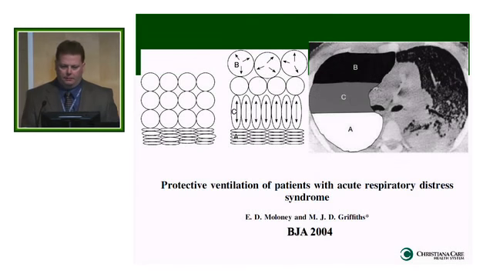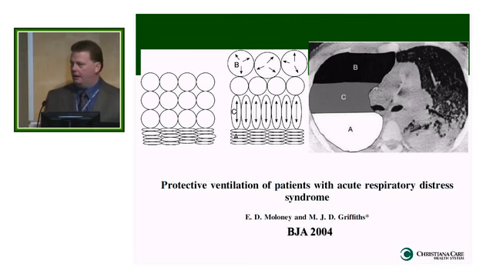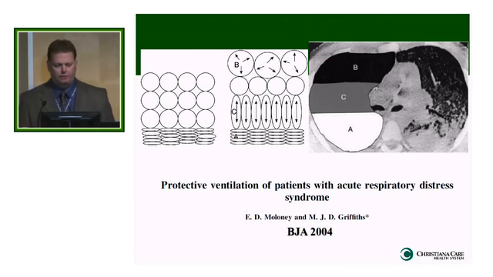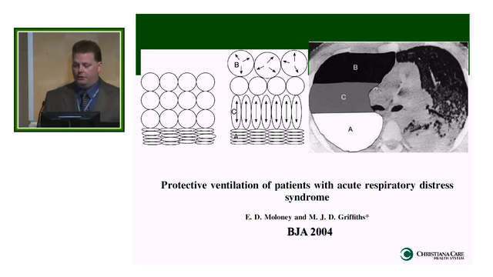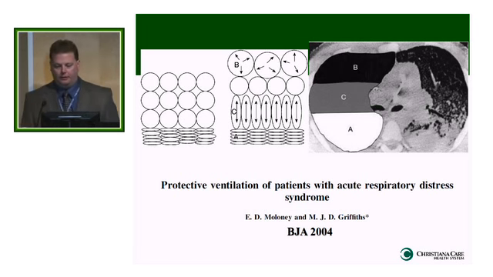In this placard here, you see a CAT scan next to sort of a schematic of alveoli. On inspiration, you have a characterization here in this region of 3 different regions of the lung that you see in the CAT scan. The regions are different in different patients as far as how large they are. You have consolidated lung, which we're going to see throughout my lecture here in the A placard.